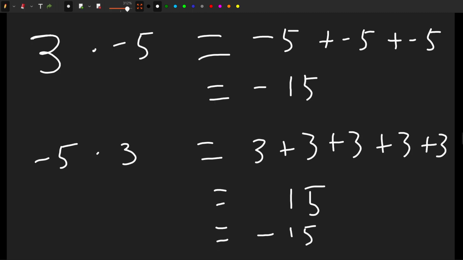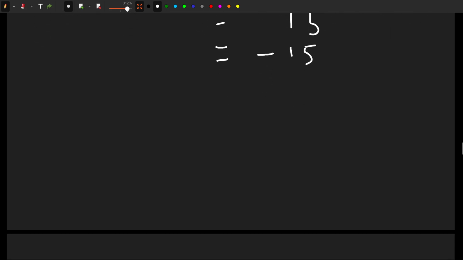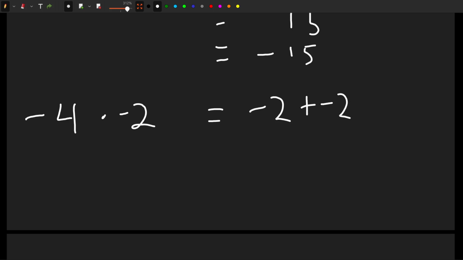Now, additionally, if we're looking at a negative times a negative, so let's say we have -4 times -2, then this is -2 plus -2 plus -2 plus -2, which is then -8.